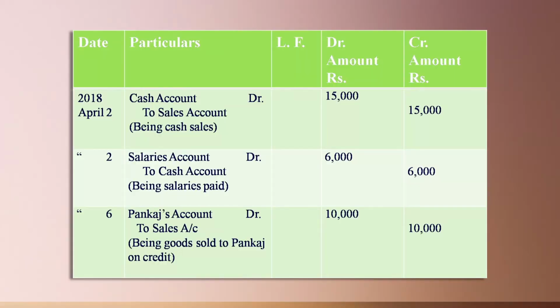So when we are selling the goods to Mr. Pankaj, Pankaj is receiving the goods. Therefore, as per the rule of the personal account, account of Mr. Pankaj should be debited. And the second account which is affected in this transaction is sales account.